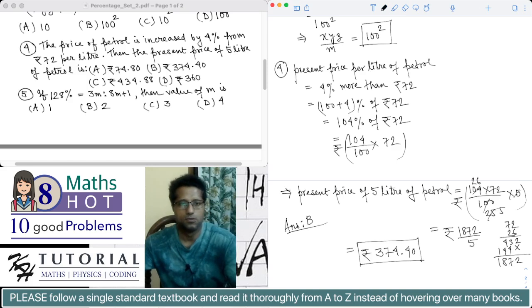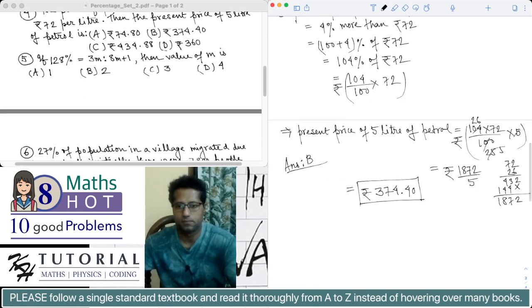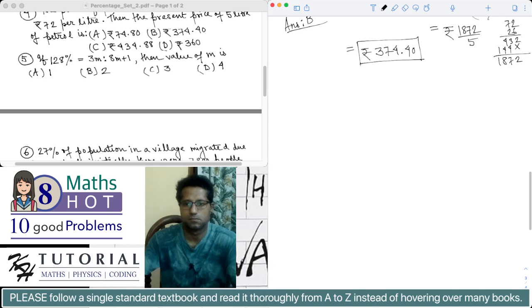Okay, let's do question number 5. It is given that 128% is equal to 3m is to 8m plus 1.